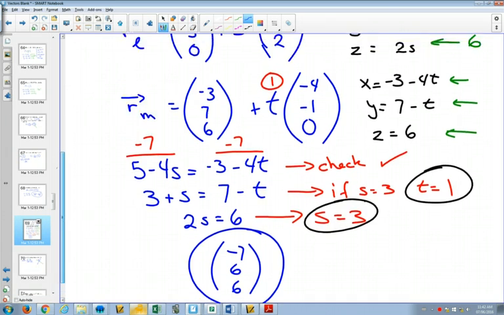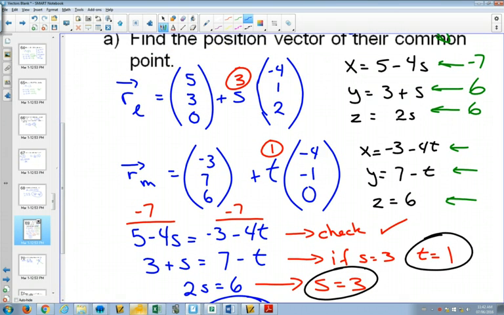We have their point of intersection, we have in line L 2 vectors, and we have in line M 2 vectors. So if you were going to randomly choose 2 of them to use, 5 choose 2 is 10, you'd have a 1 in 10 chance of picking the right 2. Probably not a good decision just to randomly pick 2 vectors.